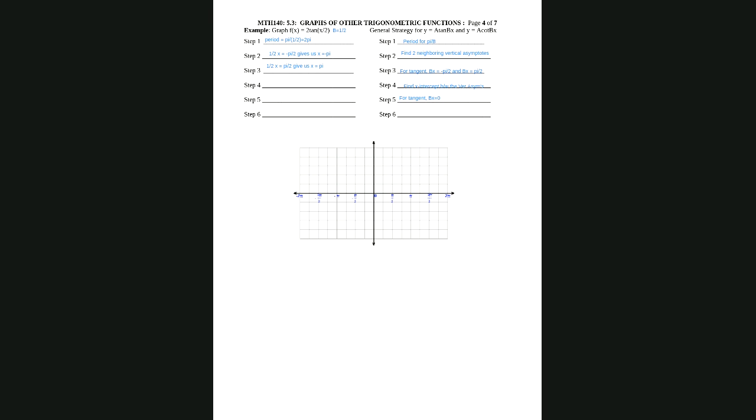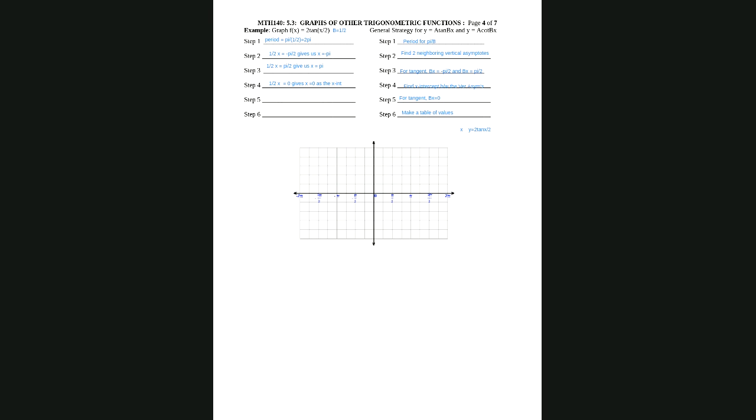We'll have 1/2 times x equals 0, and that gives x equals 0 as the x-intercept. Next up, we'll make a small table of values, and I'll do that right over here to the side. So first I'll have a column of x's, and then a column for the y values. And remember, y is 2 times the tangent of x divided by 2.